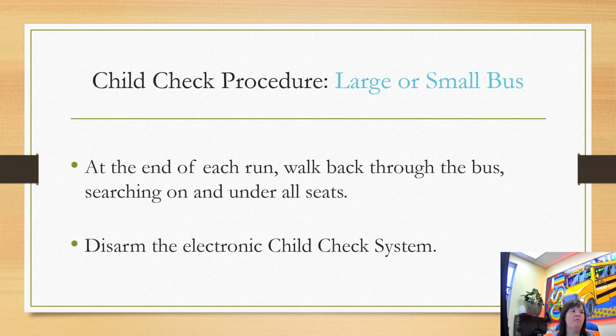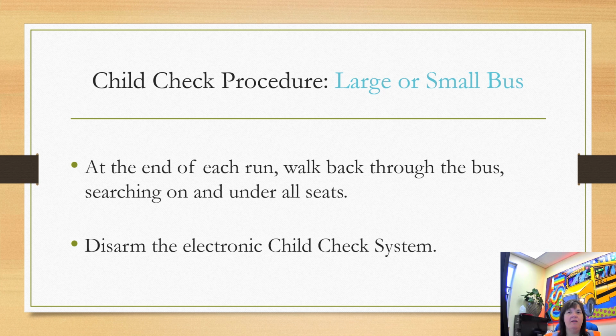So what is our procedure? At the end of each run, walk through the bus, searching on and under the seats, and then you disarm the electronic child system. Now, I know that with the way that we're doing our child checks this year, for some people, this has been an issue.